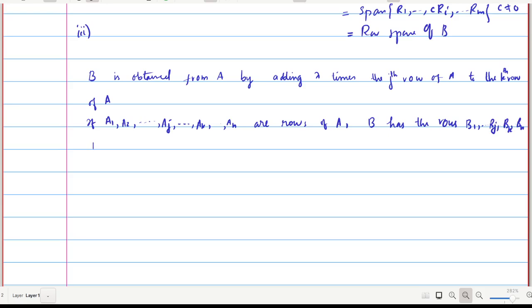For this, all Bi equal Ai for i not equal to k. The only difference is in the kth row of B, and that kth row Bk is obtained from this equation: Ak plus lambda times Aj. That means we have changed the kth row of the matrix with this one. So that is the resultant matrix, and Bi and Ai are all the same for every i not equal to k, and the kth row is changed in this manner.